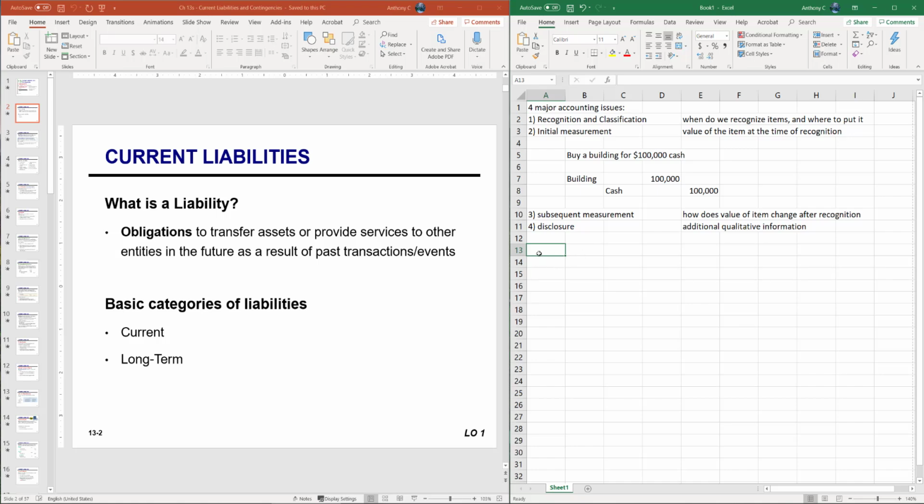Okay, so that being said, whenever we first start covering a topic, we're first going to cover the definition, because the definition gives you guidance as to if we're going to recognize the item and where we're going to classify it. All right, so a liability is simply put just an obligation.